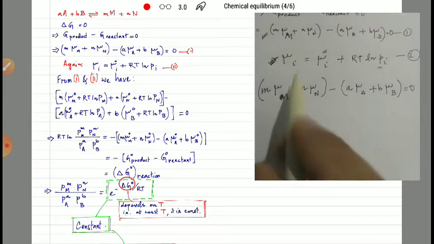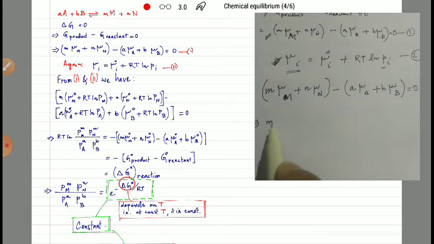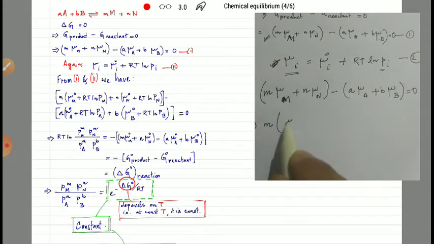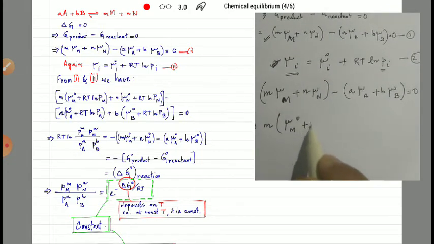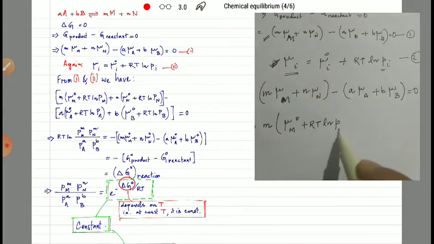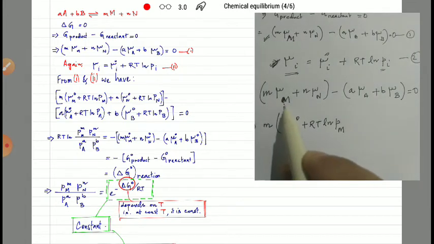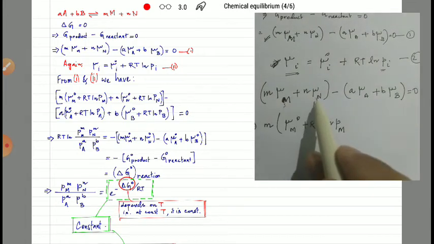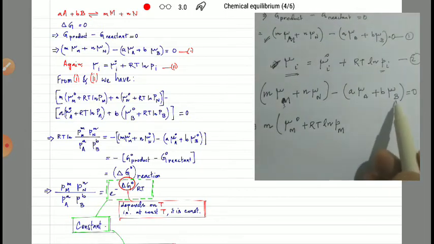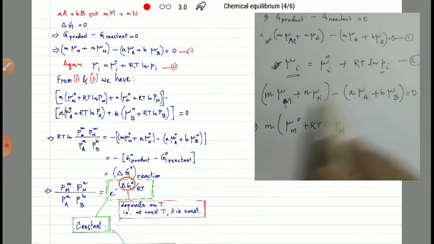We can insert the second equation here. In place of mu_m, we write mu_m naught plus RT ln p_m. In place of i, you have to put the value: for this one put m, for this one n, for this one a, and for this one b.